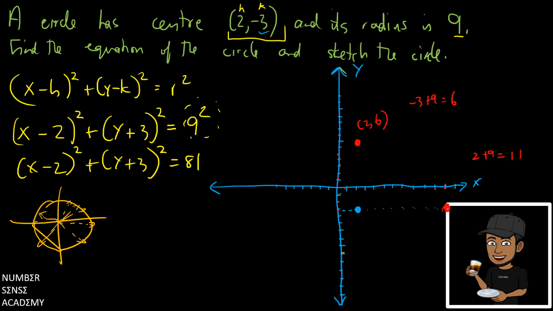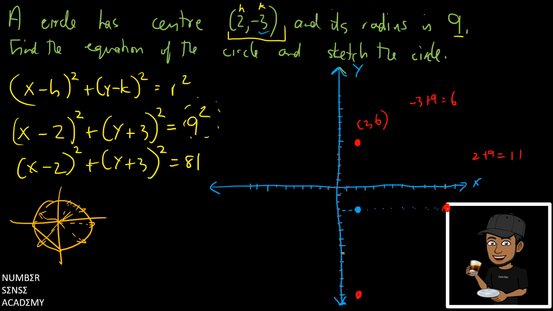So let's make sure I have enough: 1, 2, 3, 4, 5, 6, 7, 8, 9, 10, 11. So it's going to be around here, and I'm going to put that here. This is not very well drawn, I apologize. And then in the other direction, I'm going to go 9 units as well. So let's see.